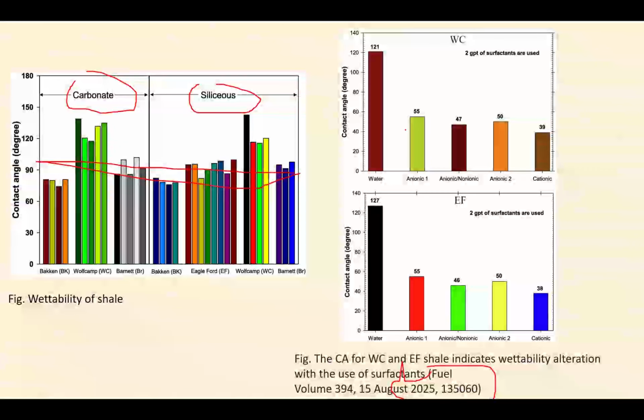Now here you can see some typical values. I think they have taken this as a base case, where in the presence of water the contact angle is around 121.